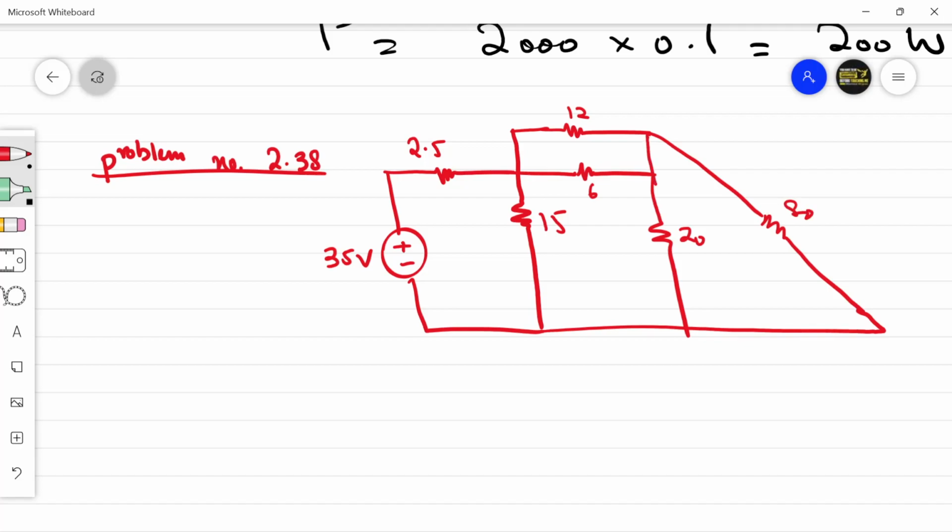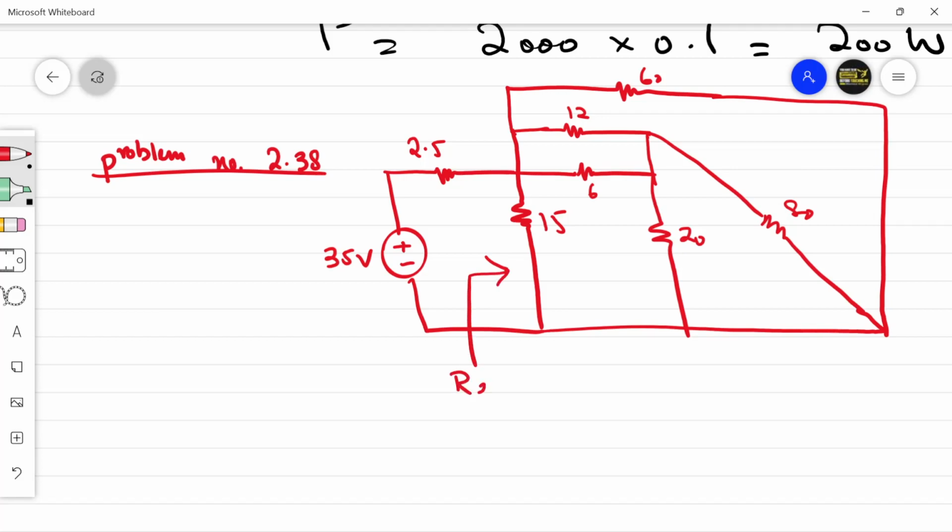This branch is connected. And there is also a 60 ohm resistor across this path. So this total is R equivalent. Current is I naught. So the question is, you have to find R equivalent.